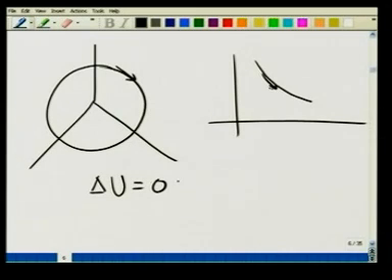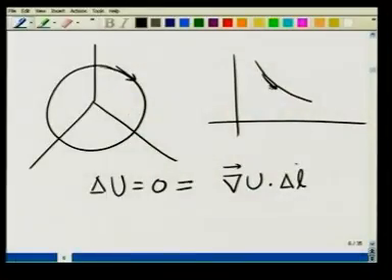But by definition, delta u is also equal to gradient of u times delta L, where delta L is the distance moved. This could be delta L in this case on the sphere in any direction, this way or this way, doesn't matter.